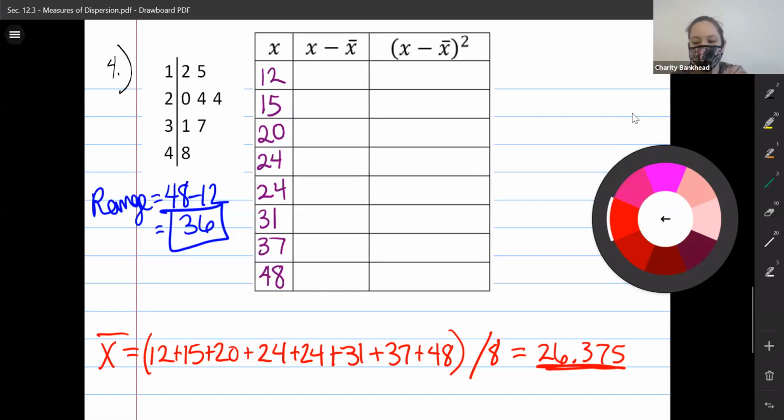Okay, so 12 minus the mean is negative 14.375.